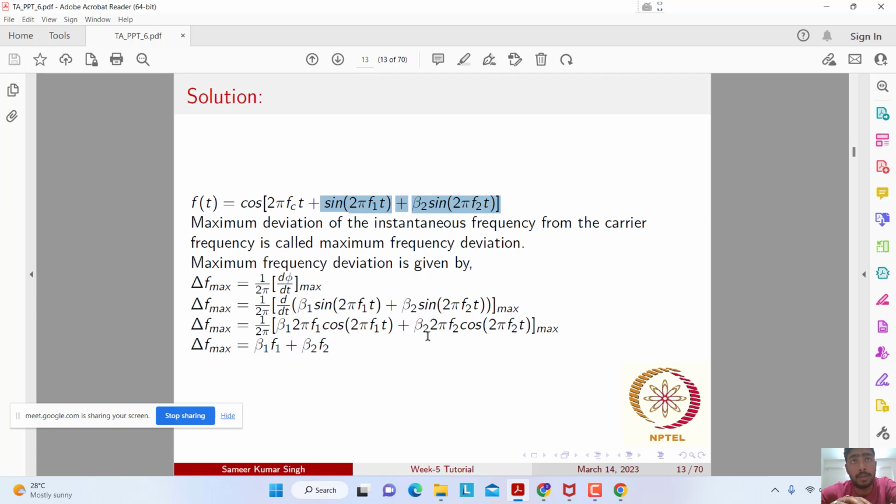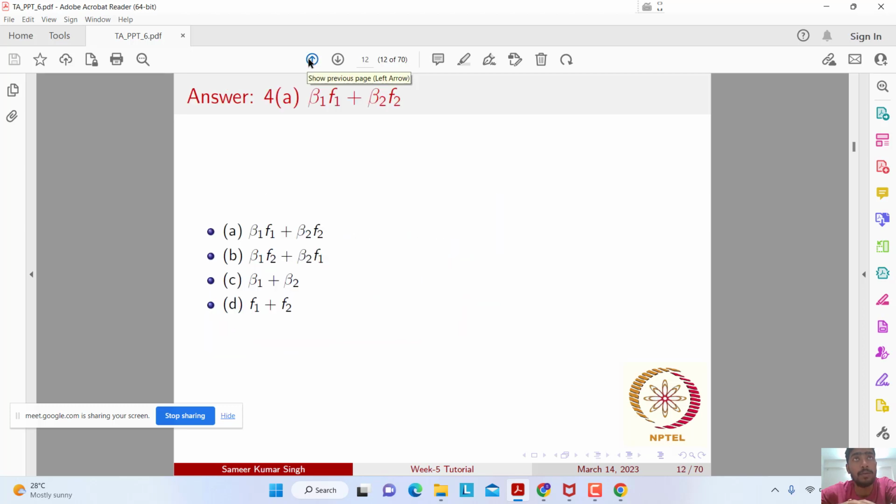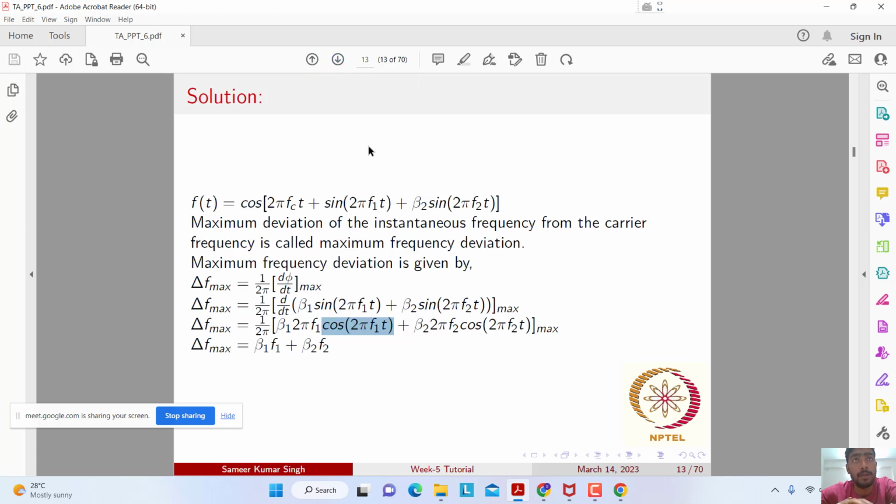Similarly, we are talking about the max term, the maximum value of cos we know is 1. So from there we will consider beta 1 f1 and beta 2 f2, and 2 pi will be cancelled out. So maximum deviation is beta 1 f1 plus beta 2 f2. So the answer will be A part. Okay, is it clear?